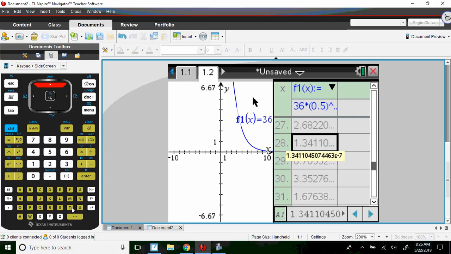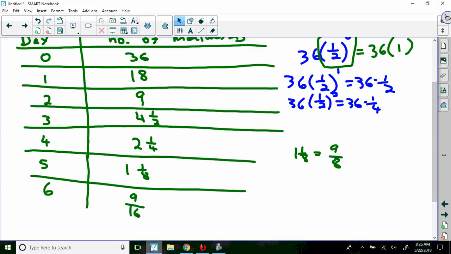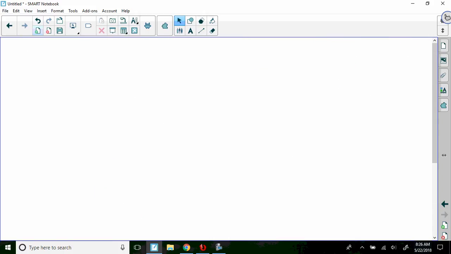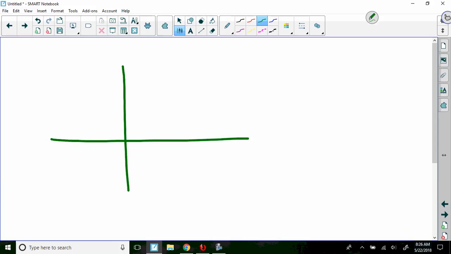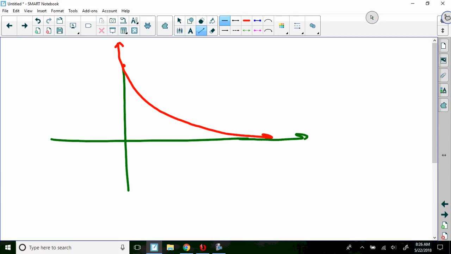Okay. So something that we probably ought to say about the graph is that when we graph something like this, we started out with a whole bunch of these things, 36, and they're decaying at a rate of 50% per day. Does anybody know what that's called whenever we have a graph that gets really, really close to a line but never touches or crosses that line?